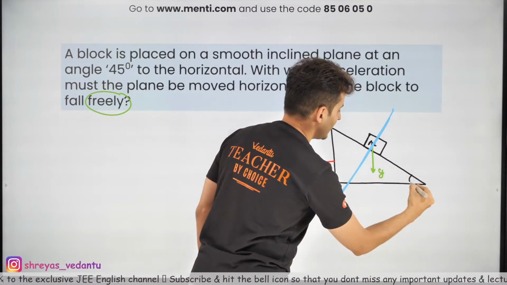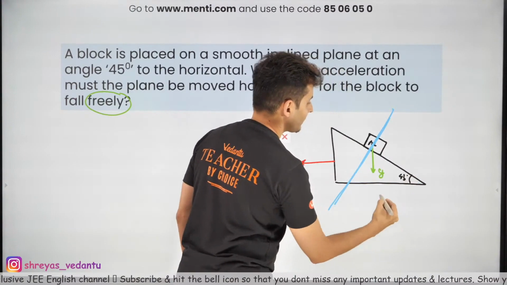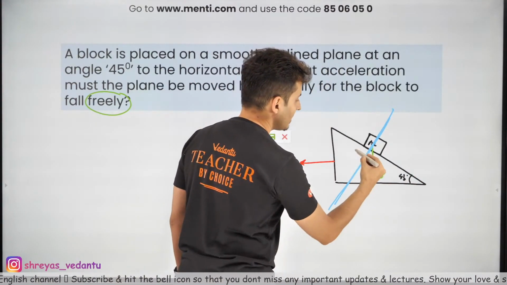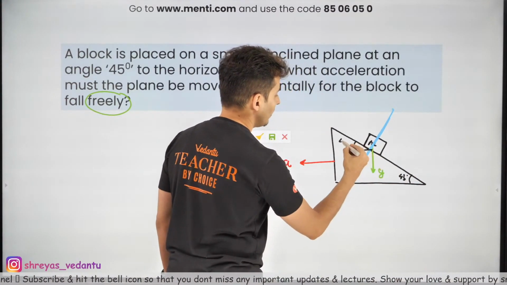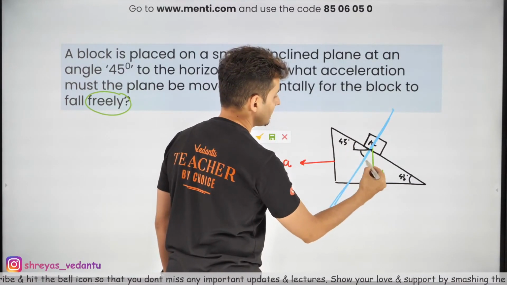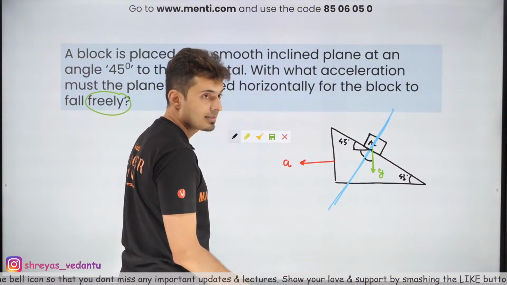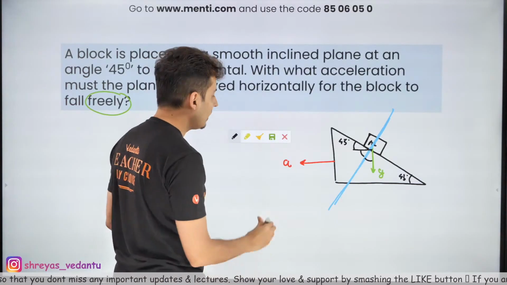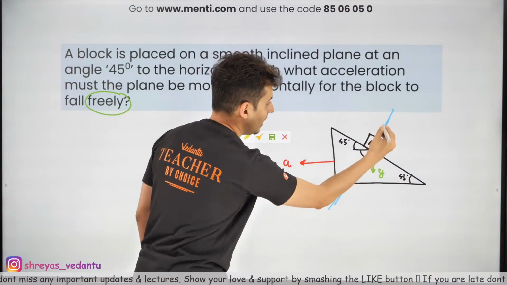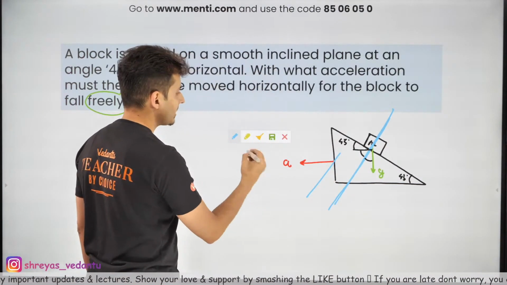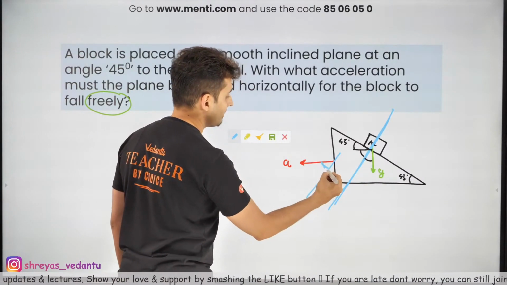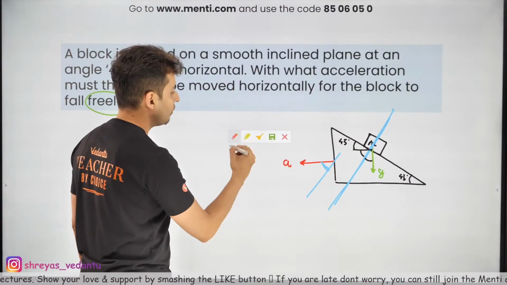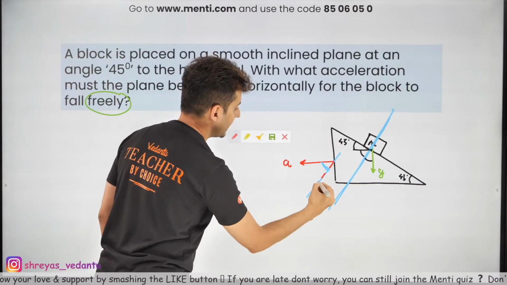If this is 45 degrees, naturally even this is 45 degrees. Naturally this is also 45, this is also 45 degrees. Everybody clear? Also, if I draw a parallel line over here, then you can see this will be also 45 degrees.